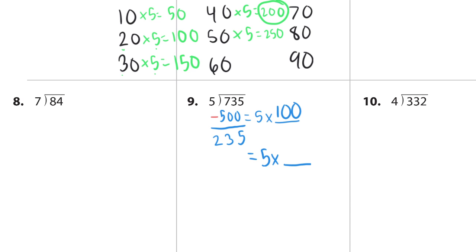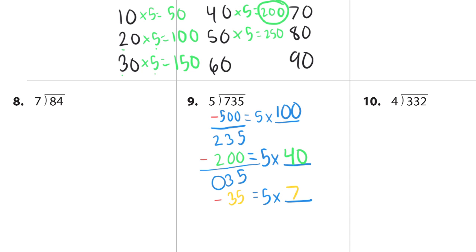I can't go past the number because I know I need to subtract. So we're going to go with this. 5 times 40 is 200, and I subtract. My answer is 35, and I continue. Again, I ask myself, what number times 5 is going to give me 35? This is a fast fact. I know that 5 times 7 is 35.